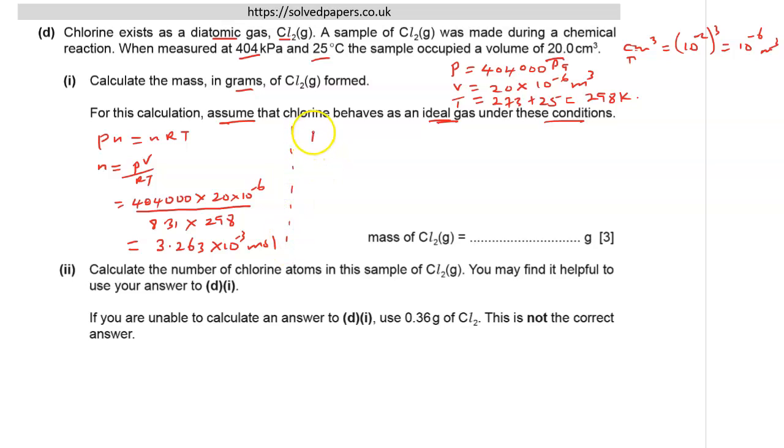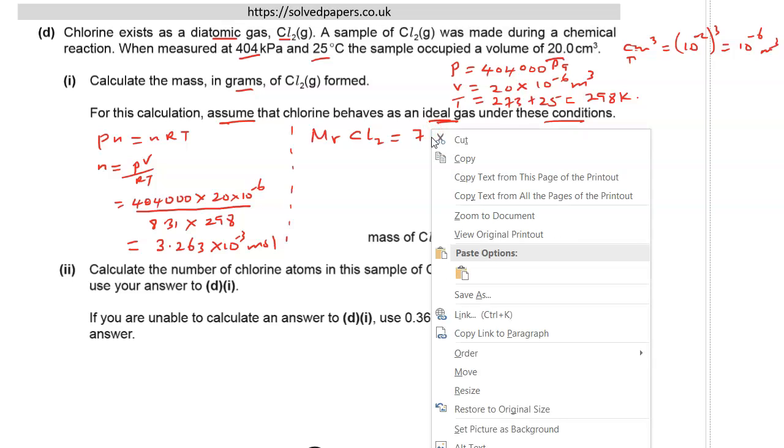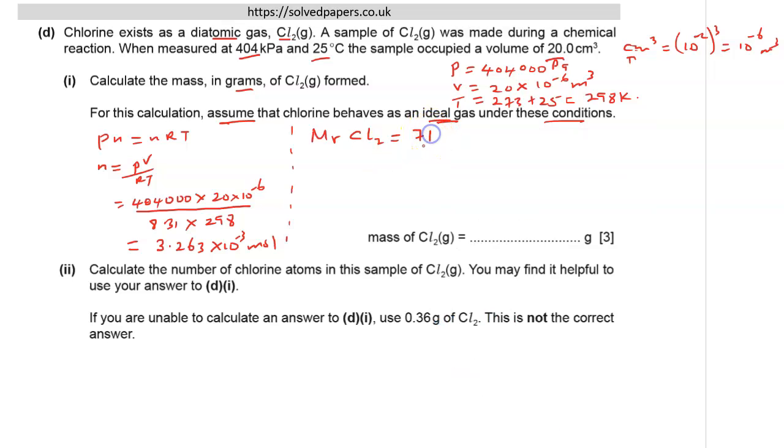We know that the Mr of chlorine gas is 71. Relative atomic mass of chlorine is 35.5. So times 2 gives you 71. So for the mass that you are supposed to calculate, I can just take you through the equation of moles.